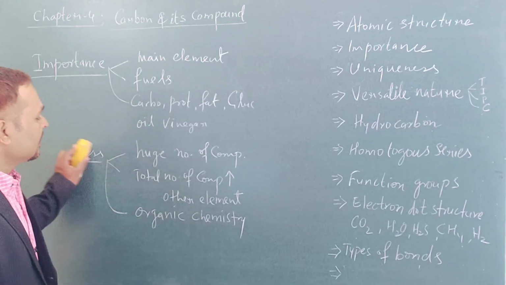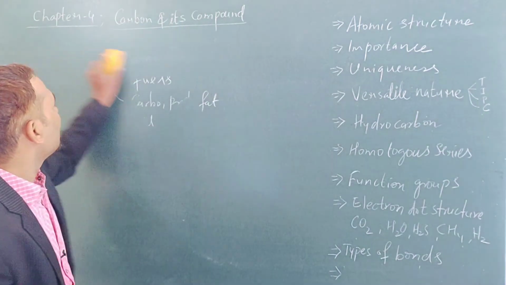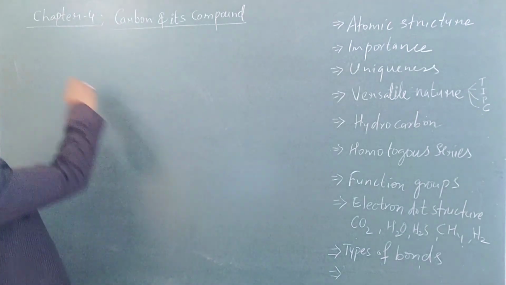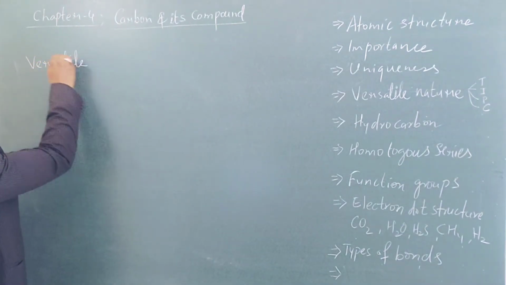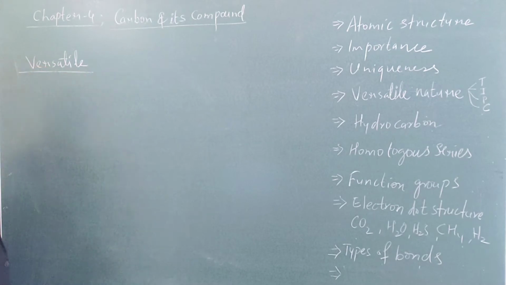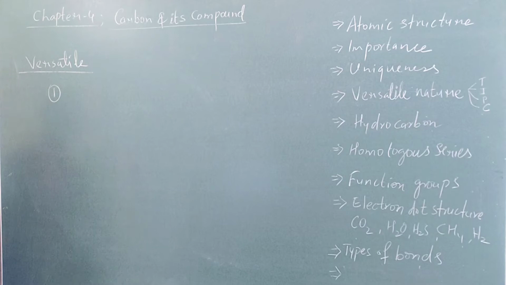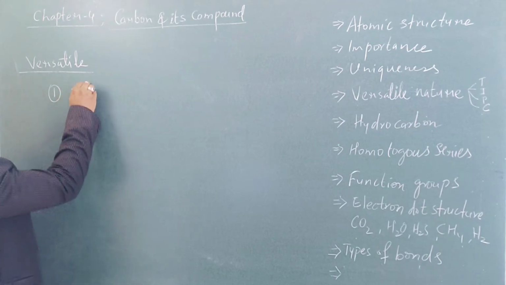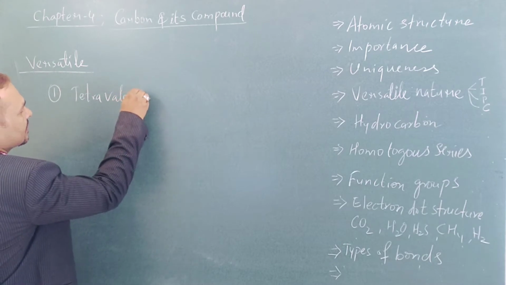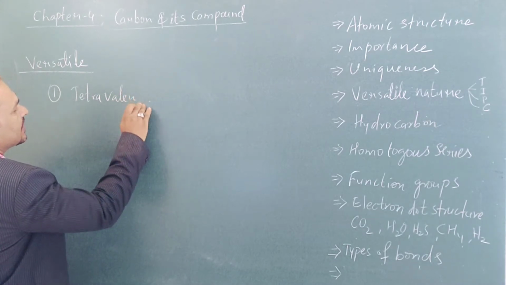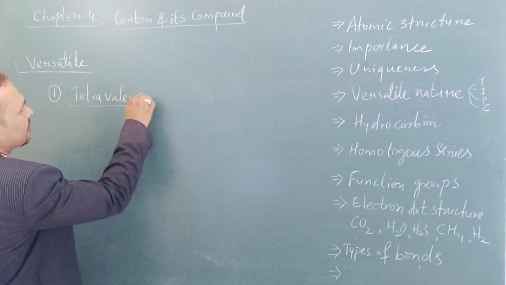Let's talk about the next topic, that is the versatile nature of carbon. So here the first thing which you have to remember is tetravalency. टेट्रावेलेंट कर सकते हो और टेट्रावेलेंसी भी कर सकते हो.